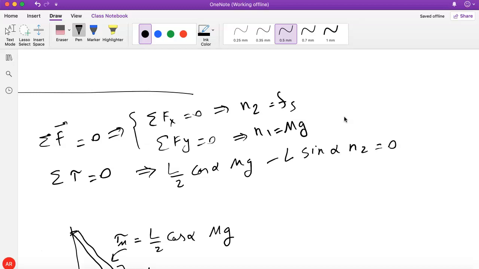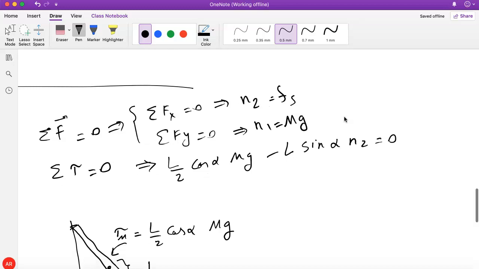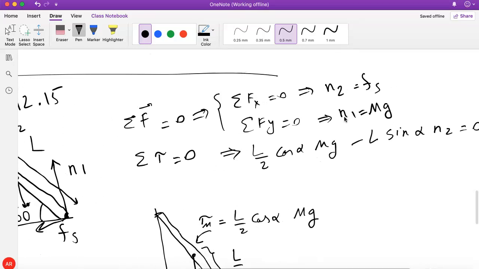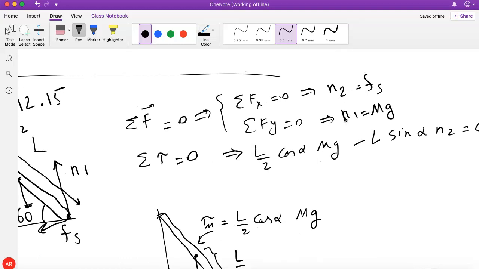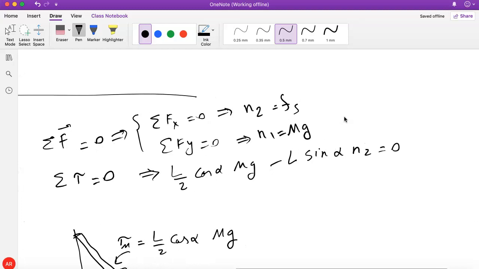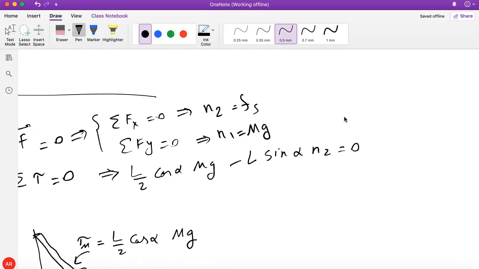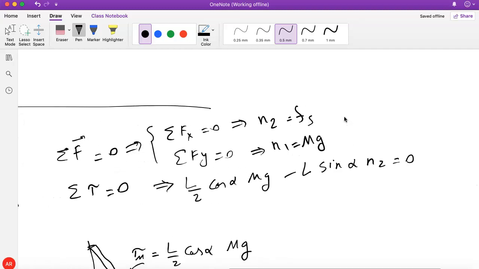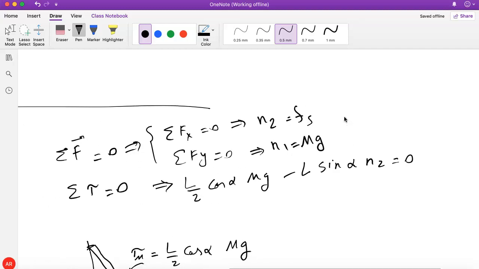So let's stop and think for a few seconds about what it is that we're after. We're after the coefficient of static friction here. And that has to do with the ratio of the friction force to N1, right? The normal force at the point of contact with the ground. So if I'm interested in mu, the coefficient of static friction, I don't care that much about mg. I don't care that much about N2, right?